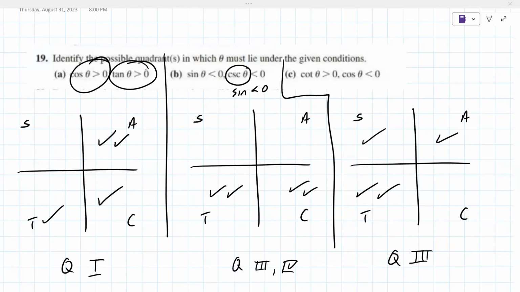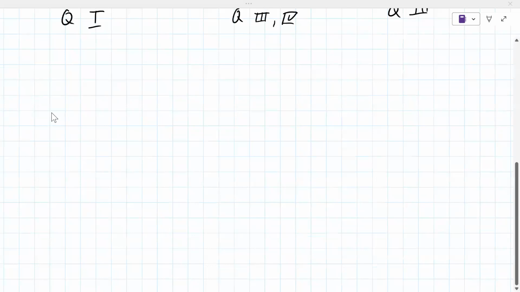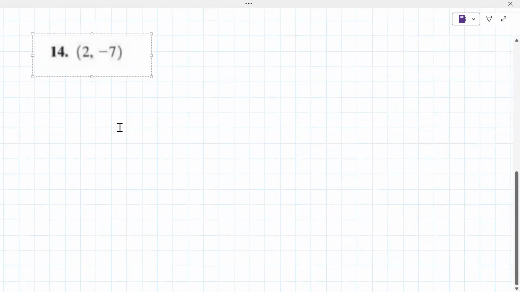Let me go back and look at your review here. So we did some problems like 14 and 15. Let's do 14's. We could do one more of those. I can make it more difficult if that's interesting to you. But you have to figure out which quadrant you're in.